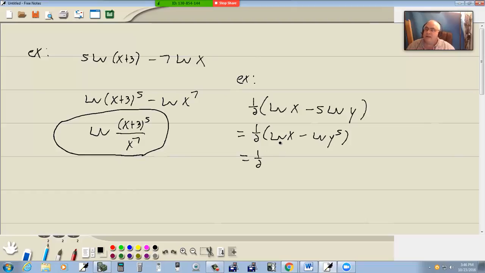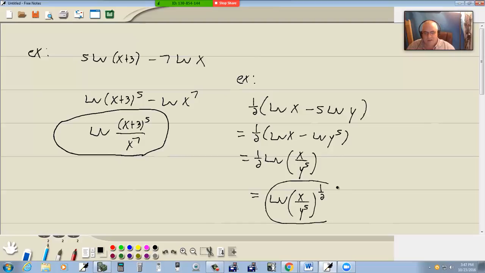Now we got log of something minus log of something. Subtraction becomes division. So we got x over y to the 5th. And we have a number in front of our log, and you can put that number as your power. So we're going to have natural log of x over y to the 5th, to the 1/2 power. And again, we got a single log there, log of something.